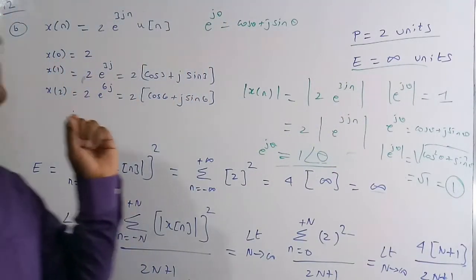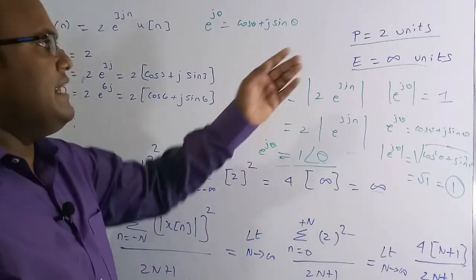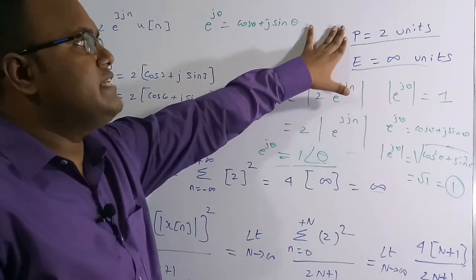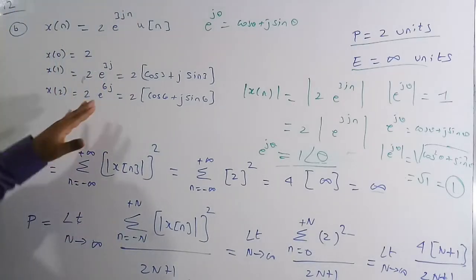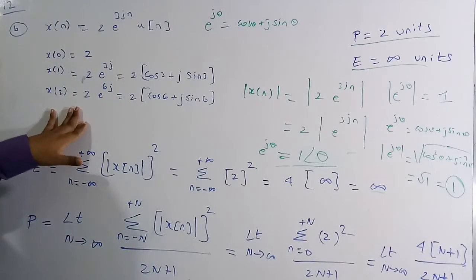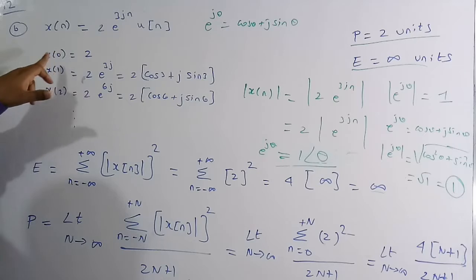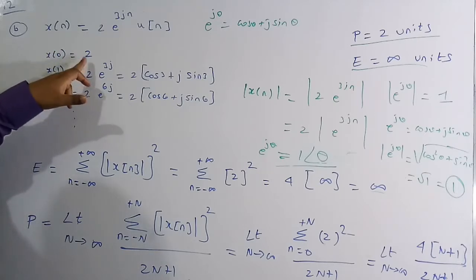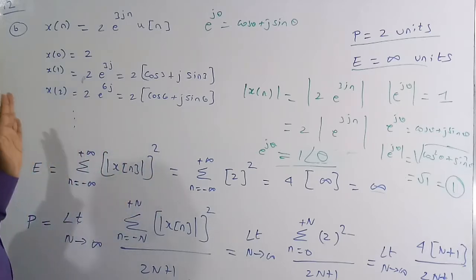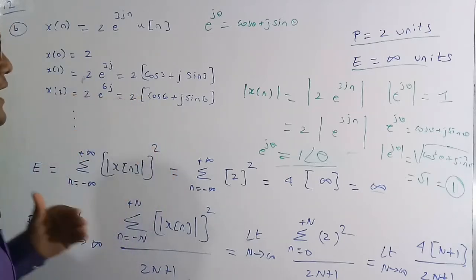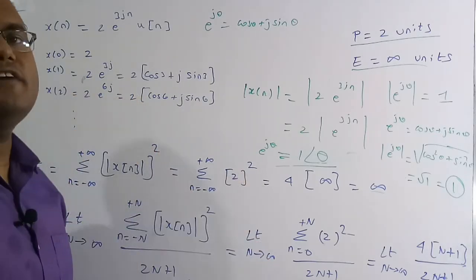This signal is said to be a power signal, because energy is an infinite value and the power is a finite value. If you see carefully, the magnitude of this signal is always 2. It is not decaying or increasing, it has a constant value. Again, the summation of a constant value is infinity.